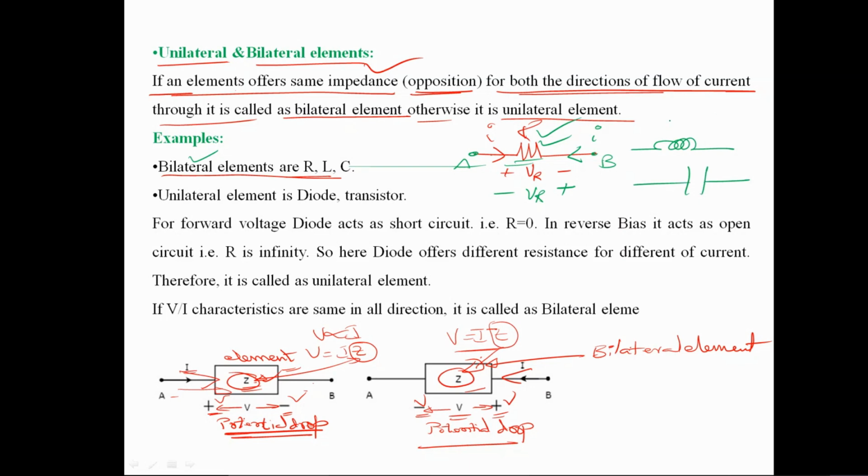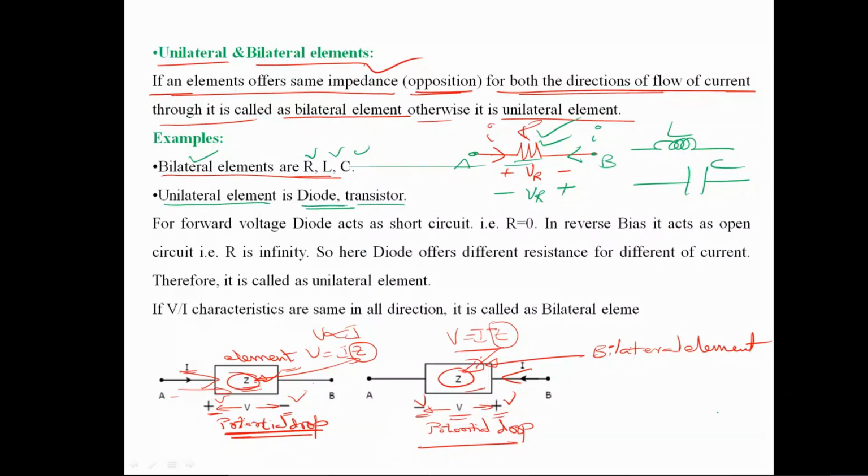The inductor is represented by inductance and the capacitor by capacitance. So the RLC are bilateral elements. Then coming to the unilateral element, the examples are the diode or transistor.